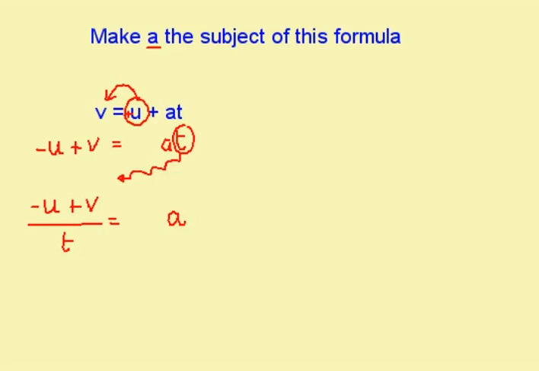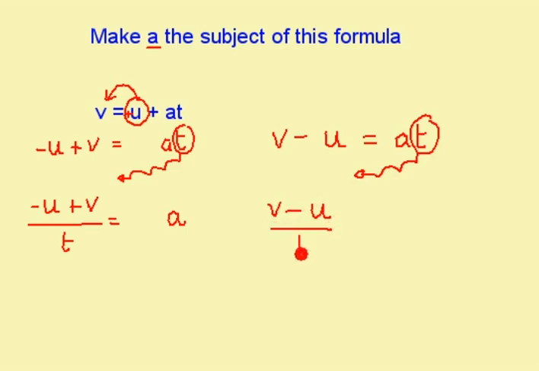There is a variation on this. When I float and ping this plus u, I put it before the v and wrote minus u plus v. You could put it after the v, so you would have v minus u equals at. You would then carry on as before and put the t down the escalator so that you get v minus u over t equals a.